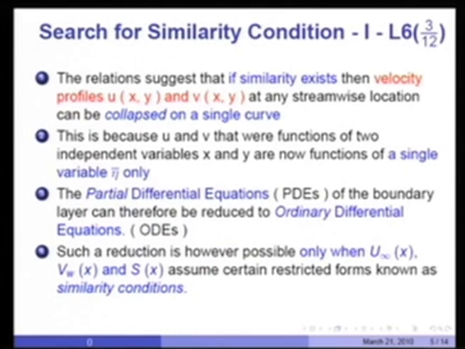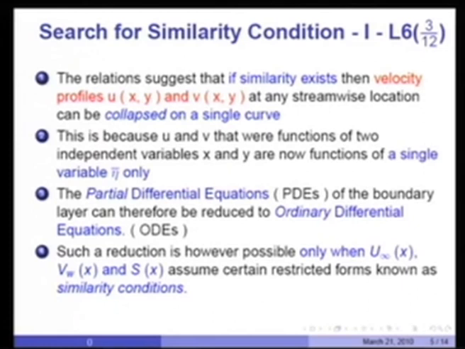So, we want to search for conditions for similarity to exist. The relations that I showed on the last slide suggest that if similarity exists, then the velocity profiles u and v at any streamwise location can be collapsed on a single curve. And this is because u and v that were functions of two independent variables x and y are now functions of a single variable eta bar only.